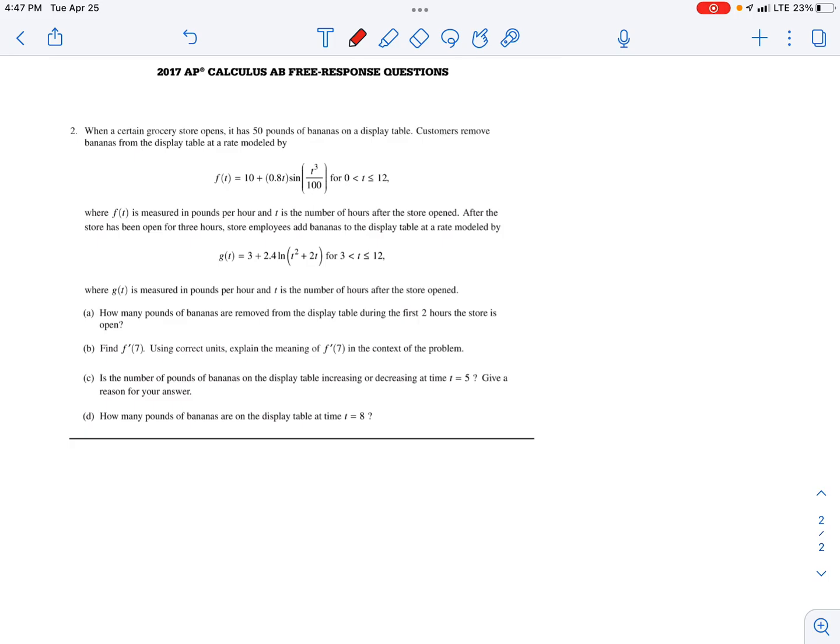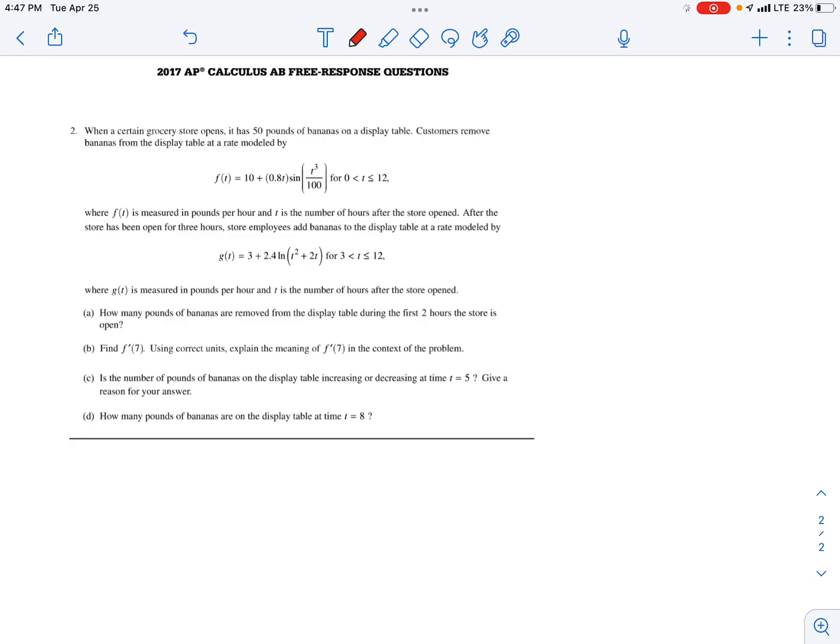Okay. So C is saying, is the number of pounds of bananas on the display table increasing or decreasing at time t equals 5? And then it says, give a reason for your answer. So if you think about it, F is representing the bananas being removed, right? And G is representing the amount of bananas being added.